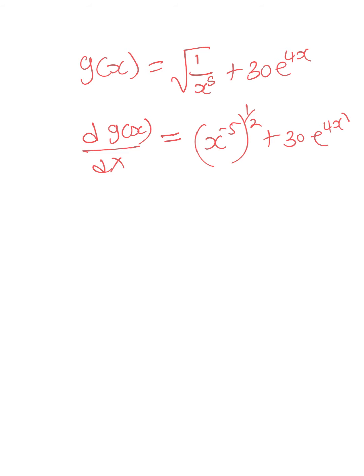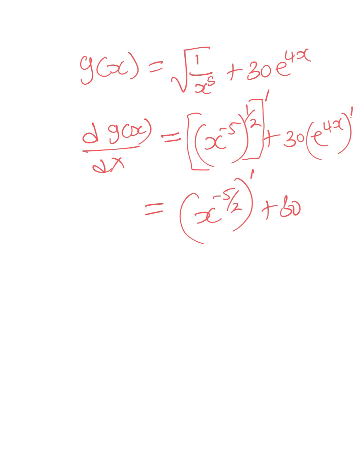So what we have to do is to find the derivative of this function here, and then find the derivative of this function here. But before you go ahead to find the derivative of these two functions, let's try to make some more simplifications. This is x to the minus 5 over 2, we're going to get the derivative, plus 30 times the derivative of e to the 4x.